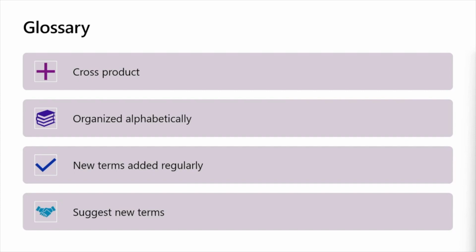And so we encourage everyone to get involved and suggest new terms to be added to the library so that this content is as useful as possible for everyone. It's important to note that sometimes the same term might apply to multiple different products. And in that case, you'll find the term is defined one time, but we will explain underneath the definition of that term how that term is different across applications.